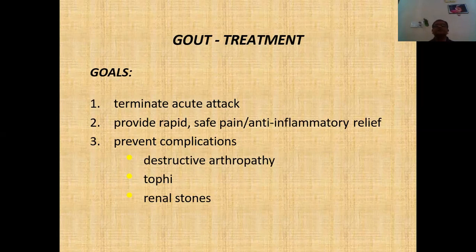We have to give some type of drugs, such as drugs which decrease the pain and inflammation, which gives relief to the patient. Prevent complications such as destructive arthropathy, tophi, and renal stones, we can say kidney stones. Those conditions have to be minimized.